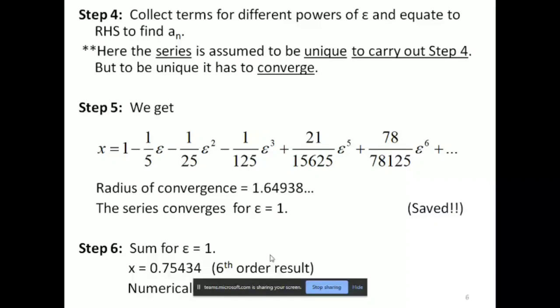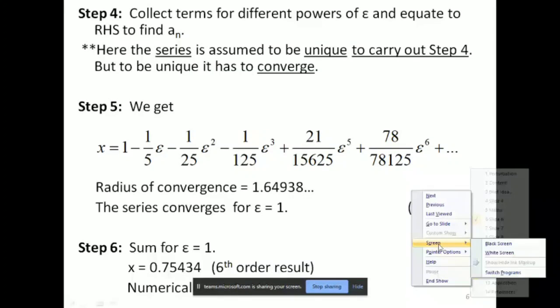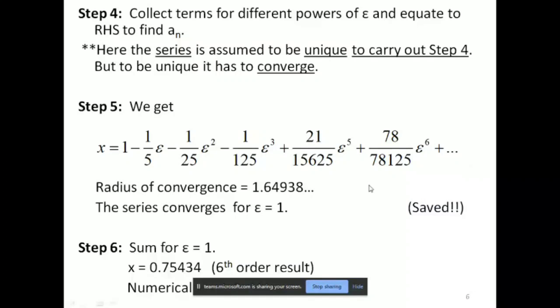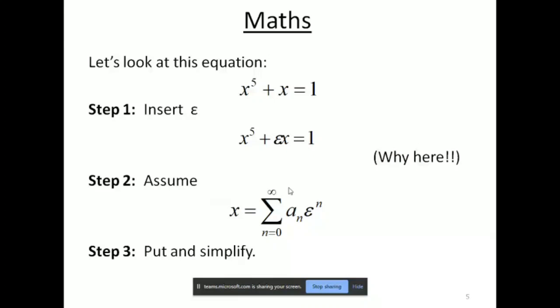After putting the values of x in that hard problem, we get a series in epsilon that we see here. This is the series that I finally get after putting the ansatz into the problem. This series has a radius of convergence equal to 1.64931, and we observe that we can get the original hard problem by inserting the value of epsilon to be 1.